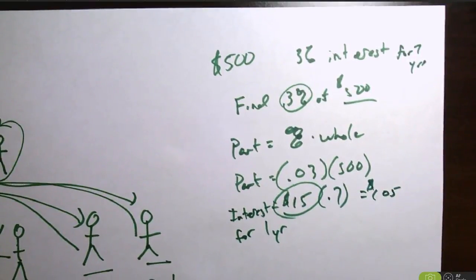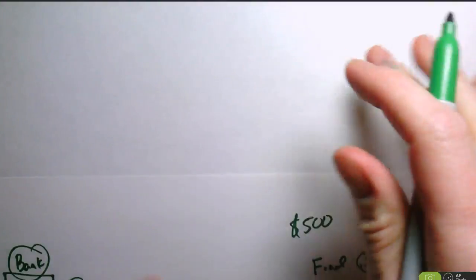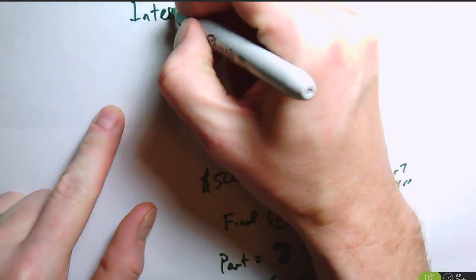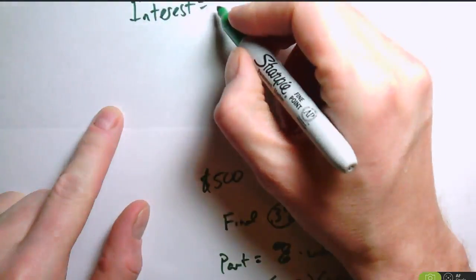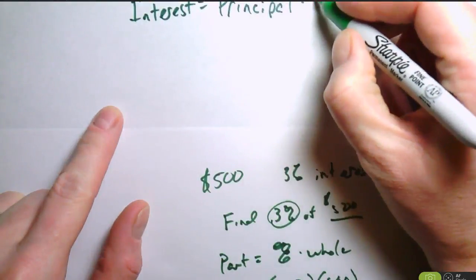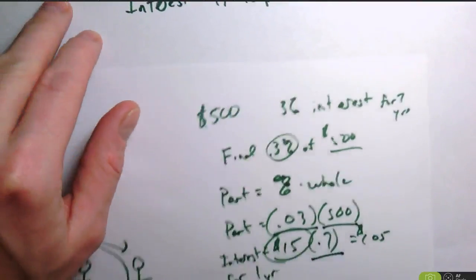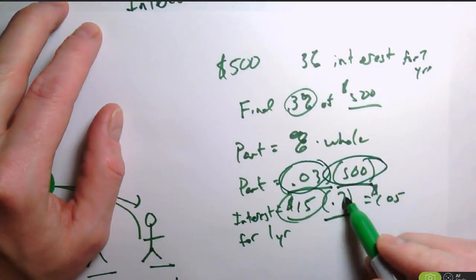So how simple interest works is that to get the interest, it was the amount of money times the percent, so we call it principal times the percent times the number of years.